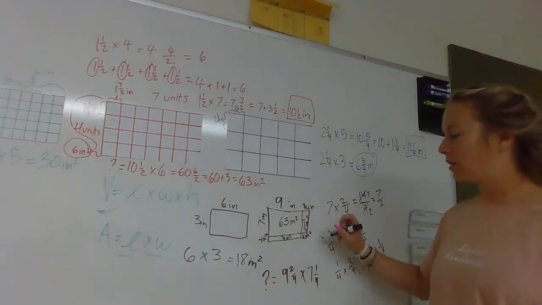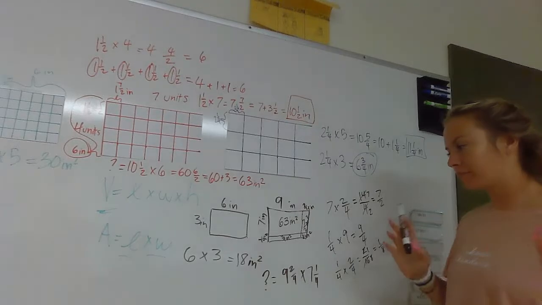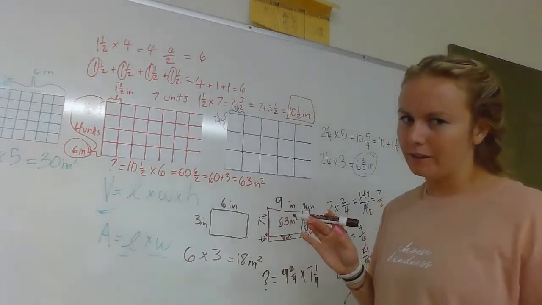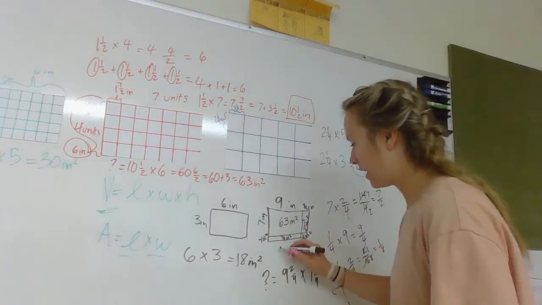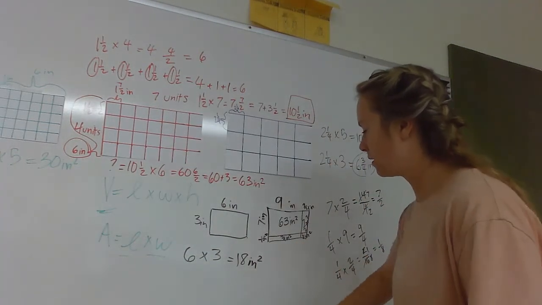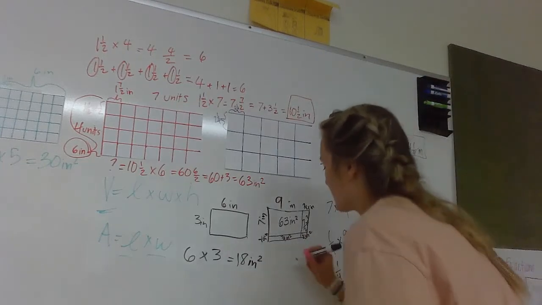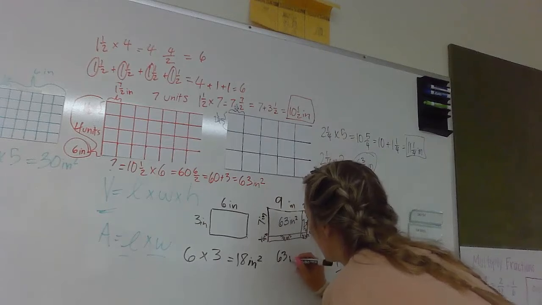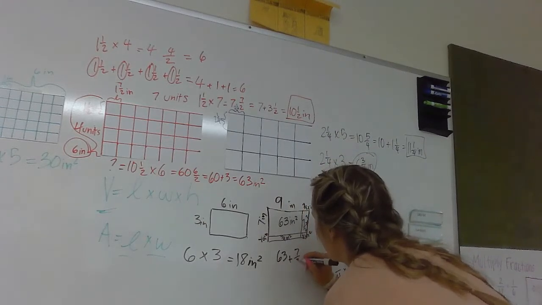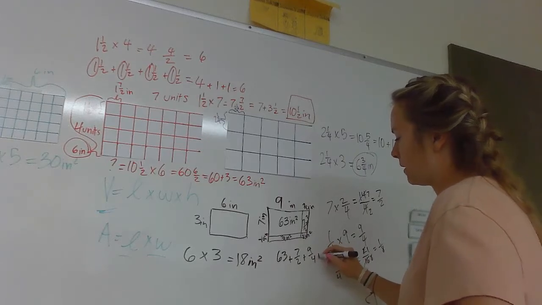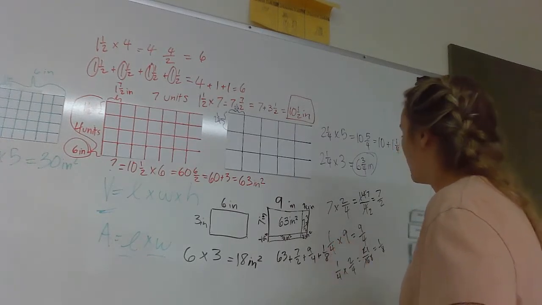Now I've done the hard work. I just have to add them all up. Luckily, they're all able to add up. I'm going to erase this part. Okay, so I've got 63 plus 7/2 plus 9/4 plus 1/8.